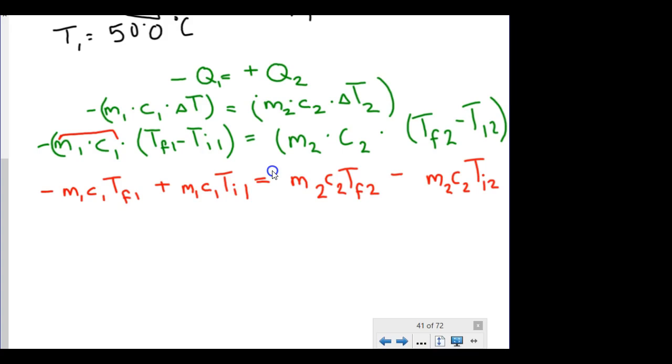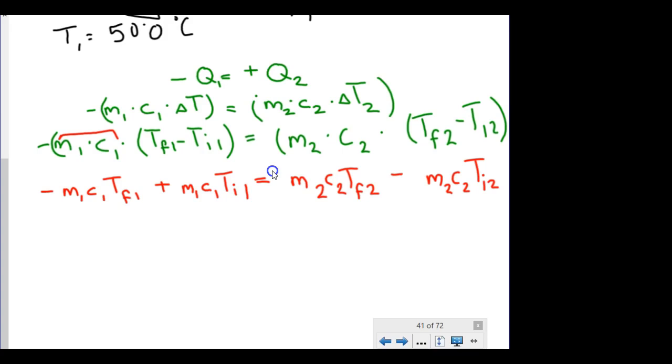The final temperature of the two samples of water is the same, correct? I'm going to rearrange my equation now so that I have both final temperature combinations on one side.